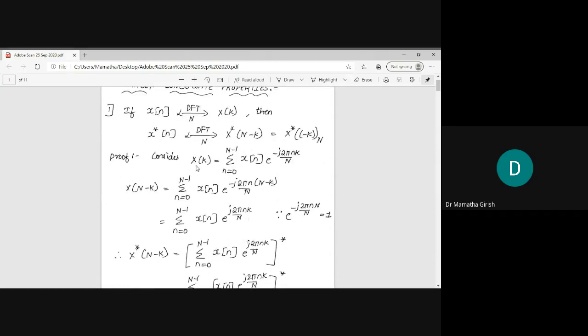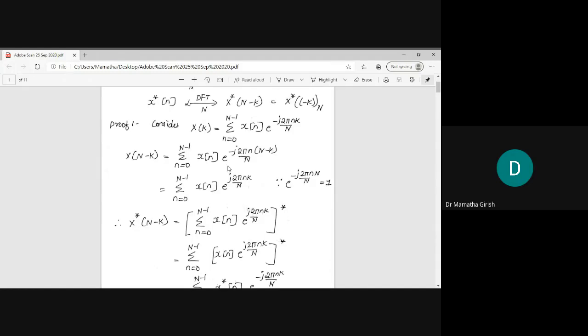To begin with, consider the standard equation for the DFT, which goes like this. X of k is given by summation small n varying from 0 to N minus 1, x of n into its complex exponential term. Since I am interested in the term N minus k, substitute k by N minus k on both sides. Accordingly, the equation gets modified like this.